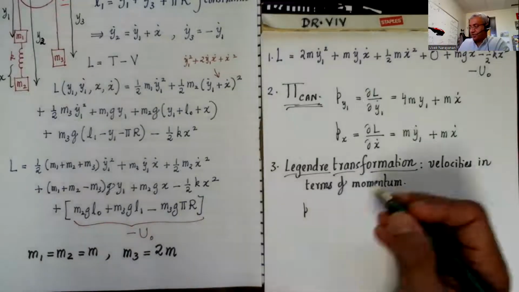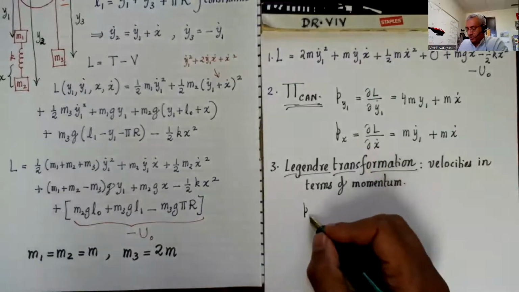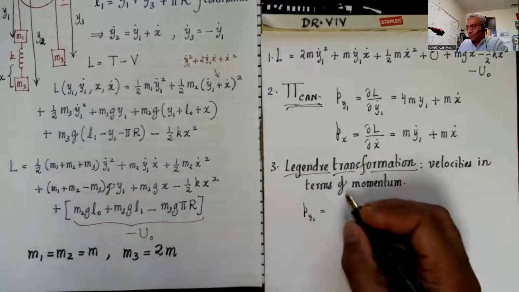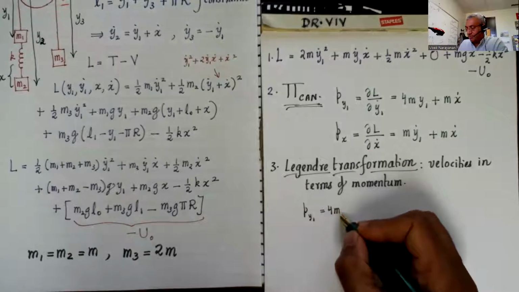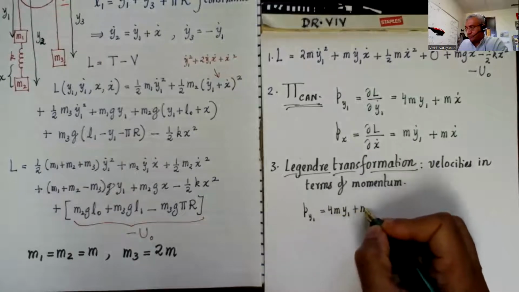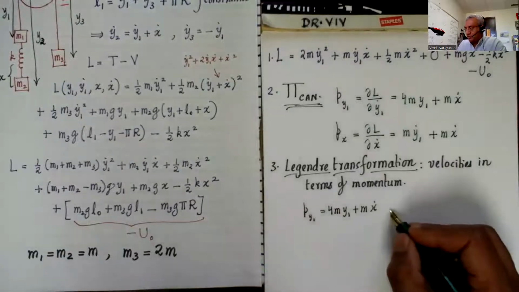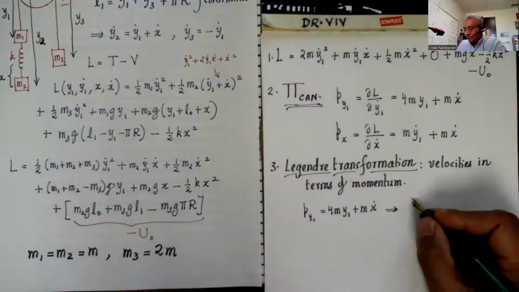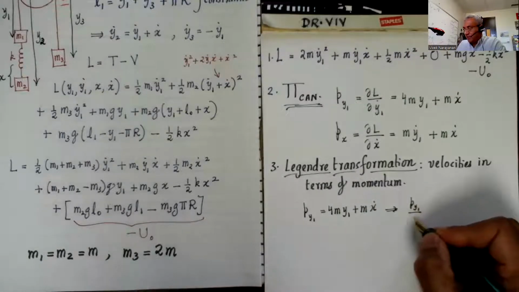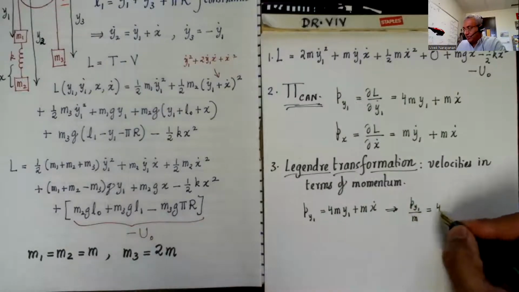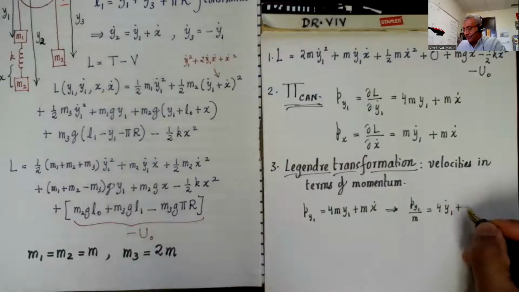I'll write those equations again. P y1 equals 4m y1 dot plus mx dot. So what I can do is I can divide both sides by m, right? So I'm going to get py1 over m equals 4y1 dot plus x dot.